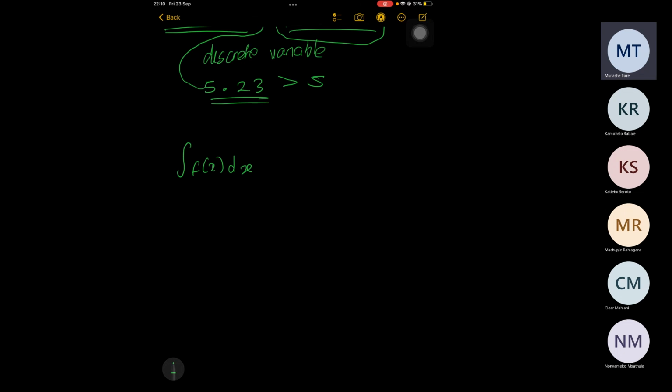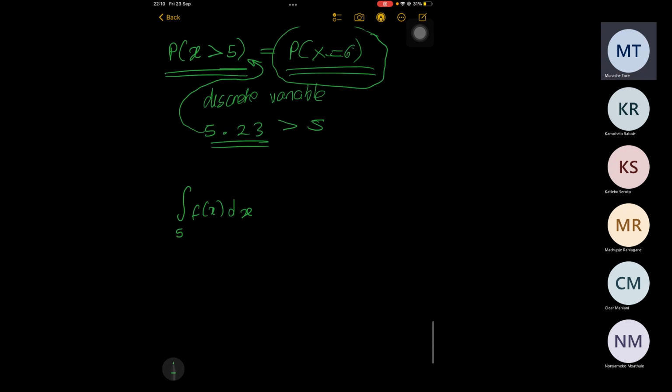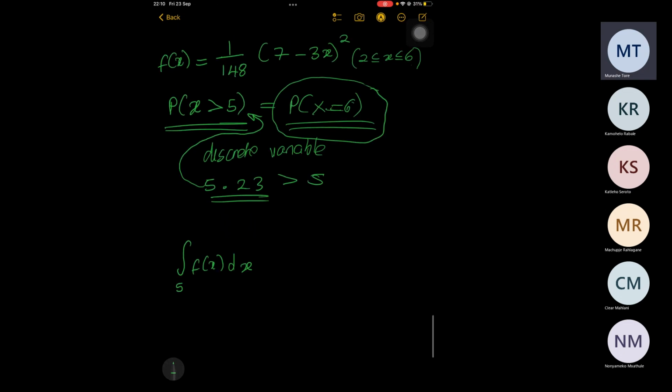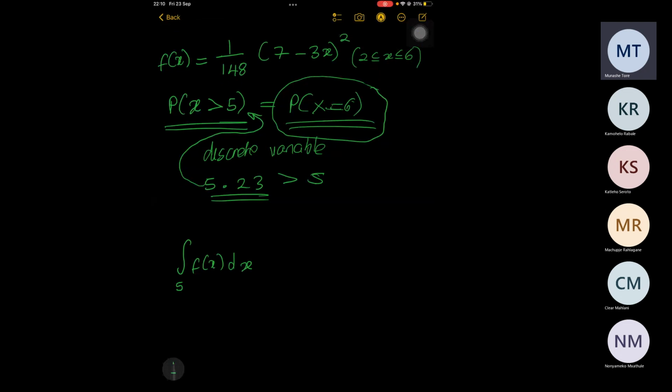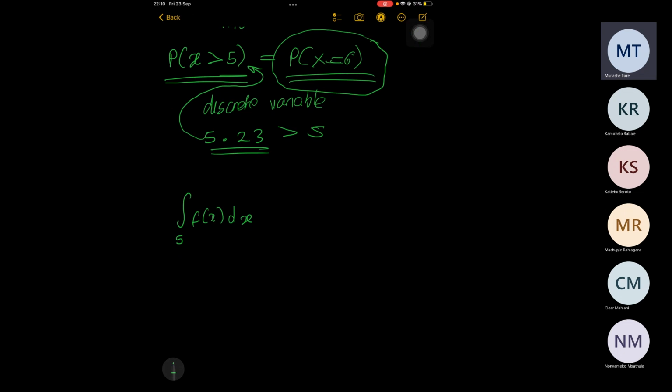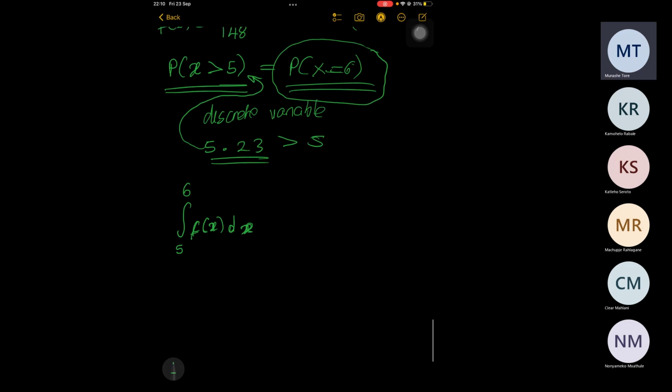The limits are from 5 to the maximum value in the range of x. So it's the integration from 5 to 6 of our function dx. This is going to be equal to the probability that they are asking us about.